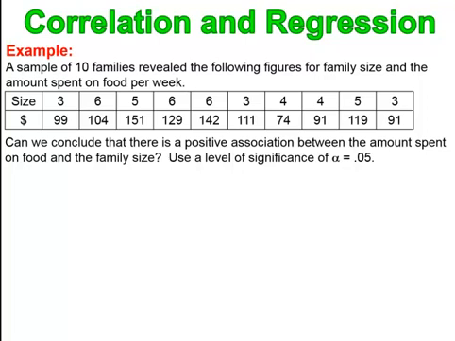It wants us to use a level of significance of 0.05. So we're going to state the null and the alternative. Again, it's going to be a two-tail test, where we have rho is equal to 0 as our null, and the alternative is rho is not equal to 0. Then we identify alpha, and that is 0.05.